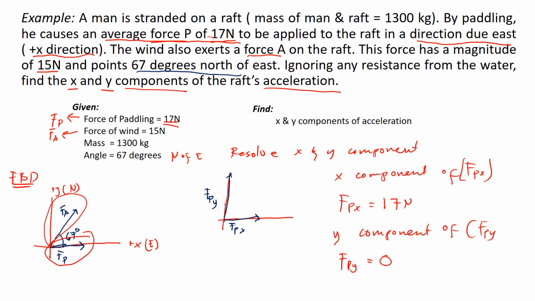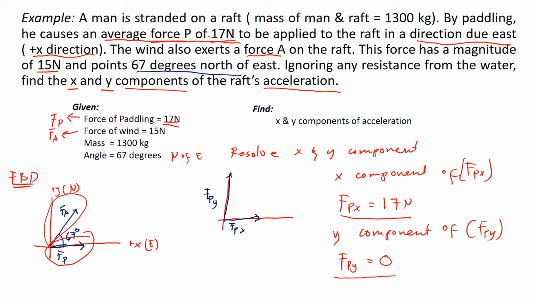That is why we automatically assume that F sub Py is 0. So the answer for the F sub Px of the force of paddling is 17 newtons in the x component, and in the y component the F sub Py is 0.